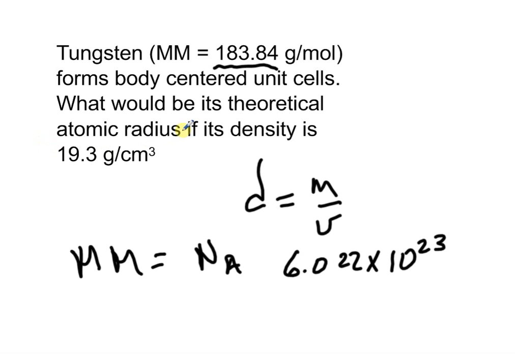And the atomic radius, of course, would be the distance from the center of the atom to the border where it will meet with another atom over here.